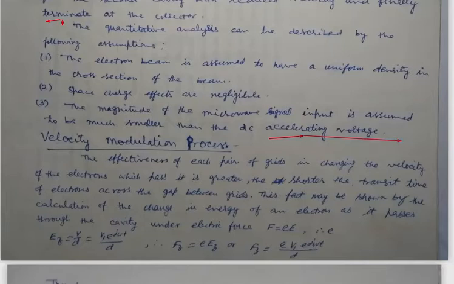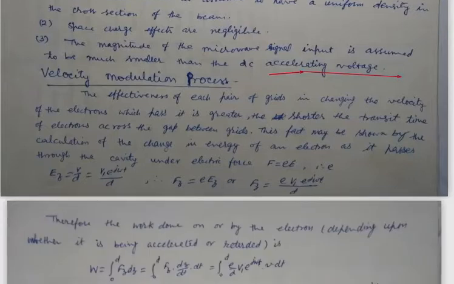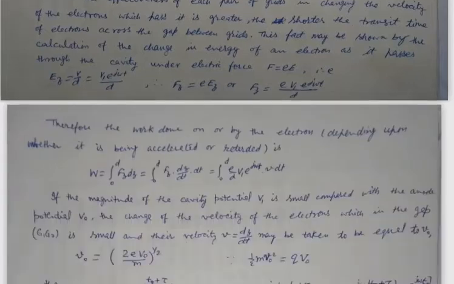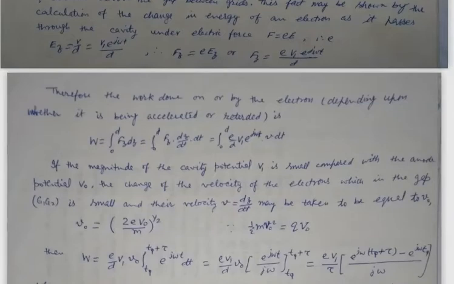This fact may now be shown by calculating the change in energy of the electron as it passes through the cavity under electric field force F equal to QE, where the electric field Ez along the beam direction between the grids is given by V over D, where V is V1 e raised to the power j omega t, and D is the intergrid space between the grids G1 and G2.